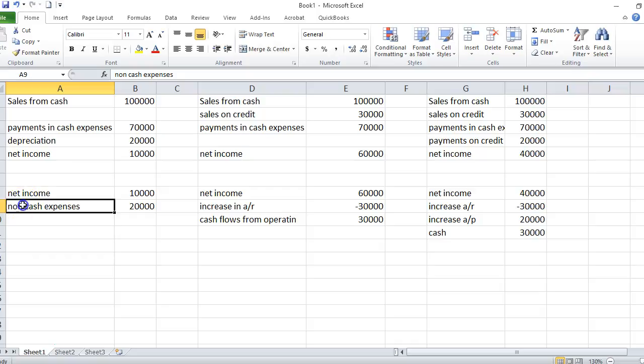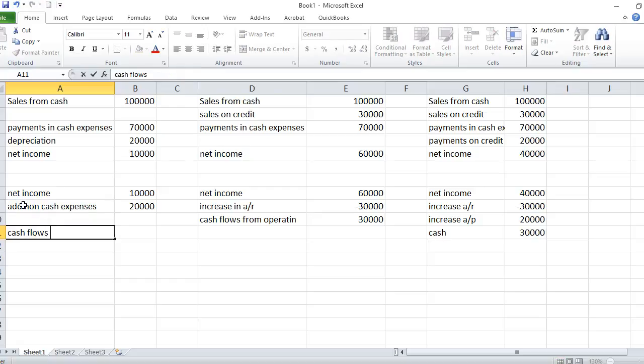So if we add non-cash expenses, then our cash flows from operating would be 30. See how we still keep going back to that same number again and again? Because we're reflecting those items that didn't involve cash.